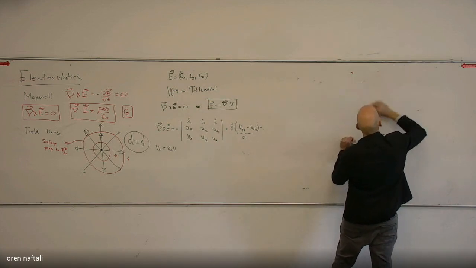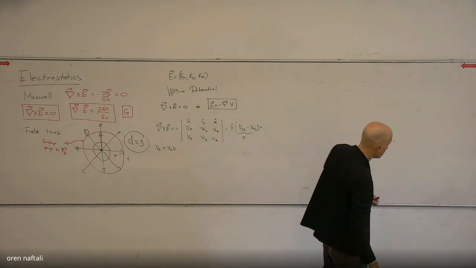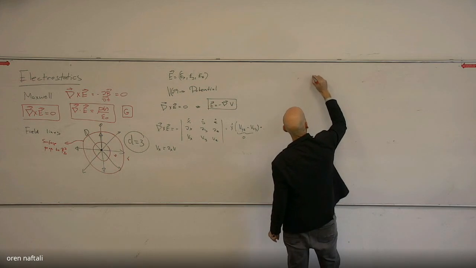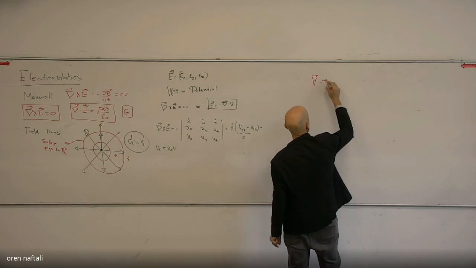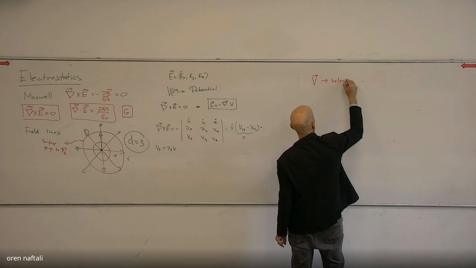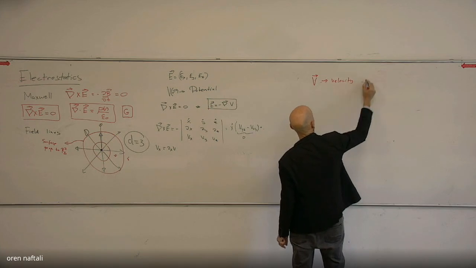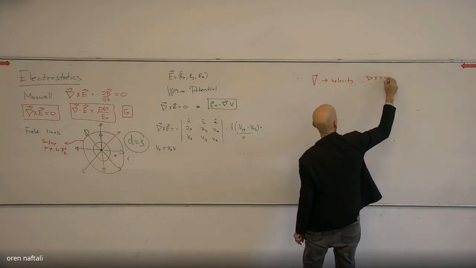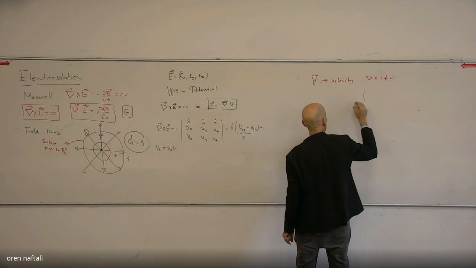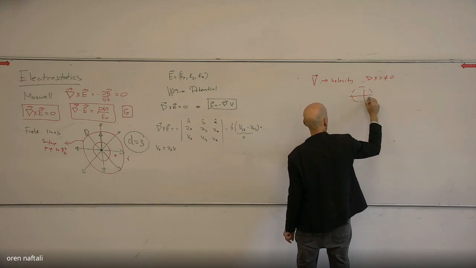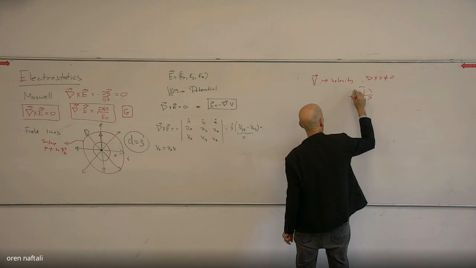So essentially, a non-potential field, some velocity field with rotor V not equal to 0, will look something like that.